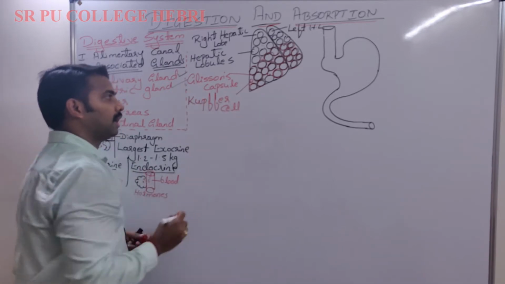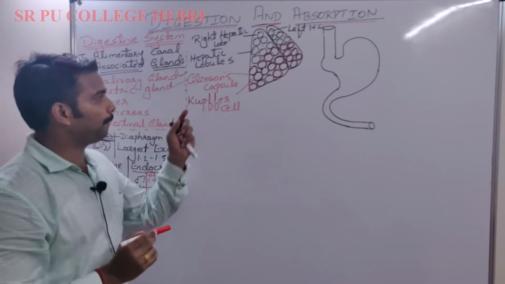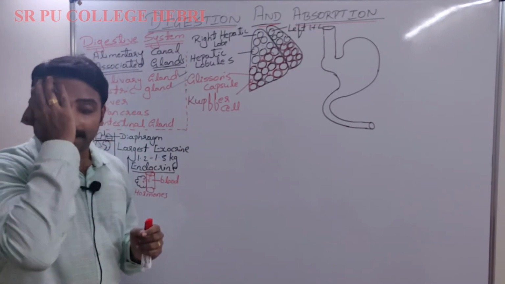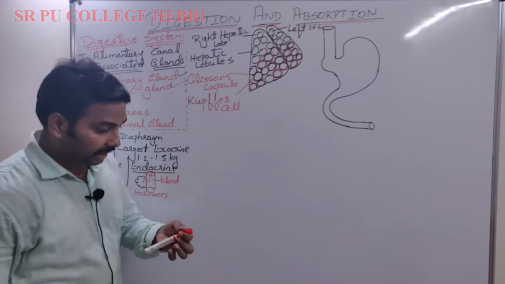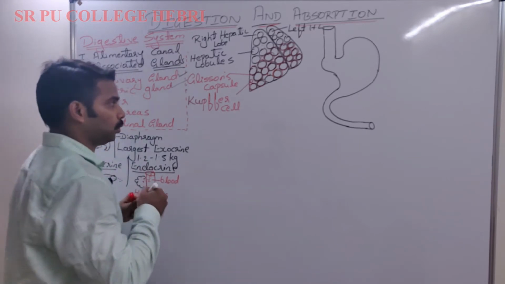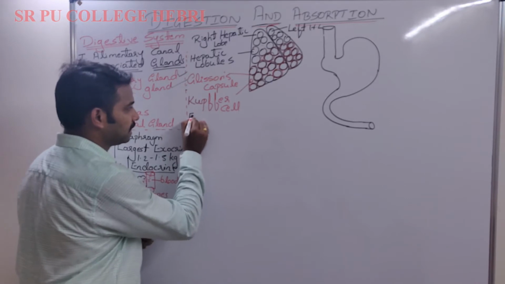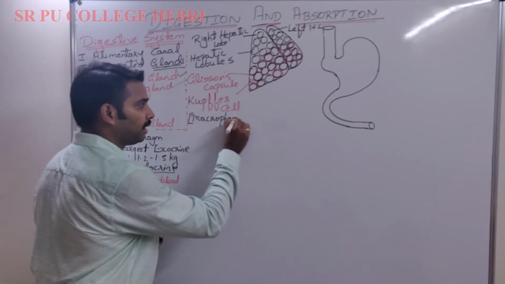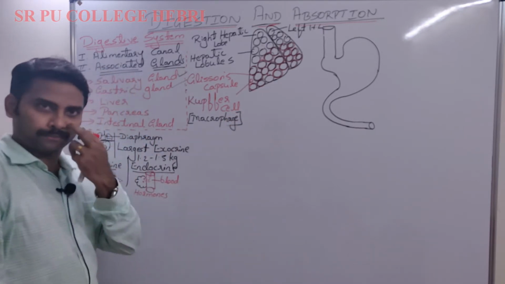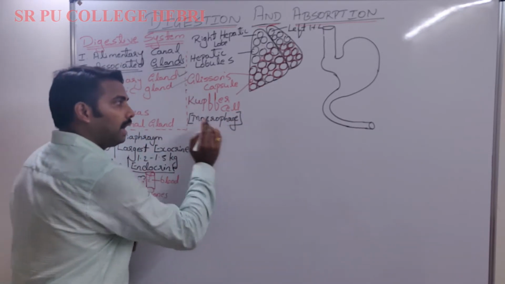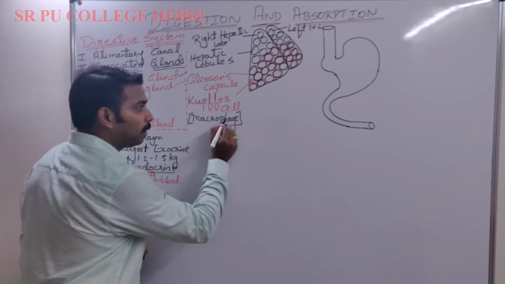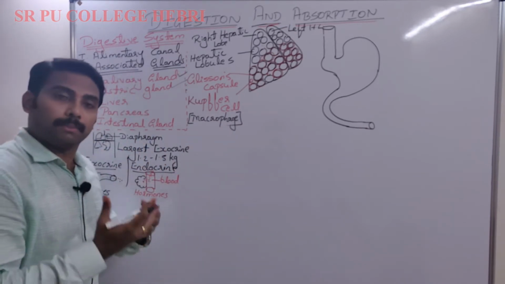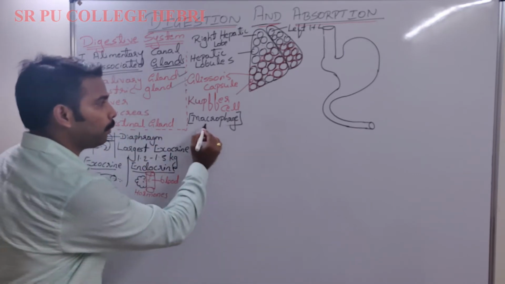Kupffer, K capital, not Gubber. It is Kupffer cell. What is Kupffer cell? It is a macrophage. Note down. Kupffer cell is a macrophage. I will tell you the meaning of each and every word. Don't worry. What are macrophages? Macrophages in our body are those cells. Everywhere in our body we have what?